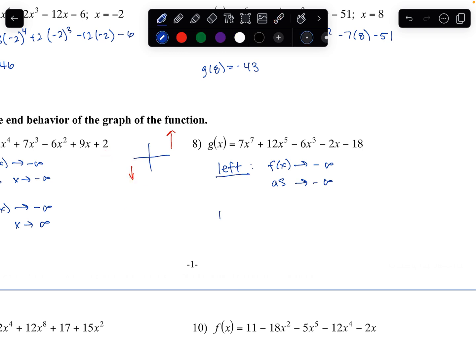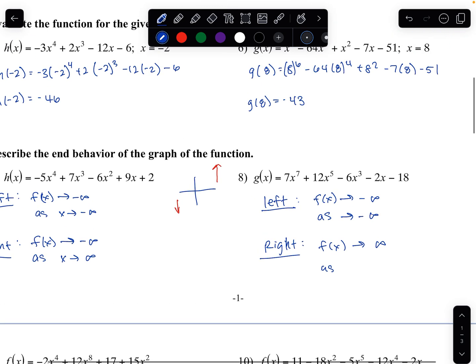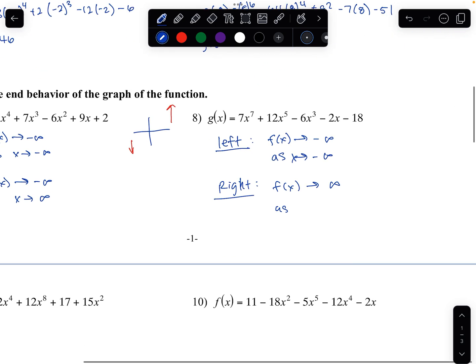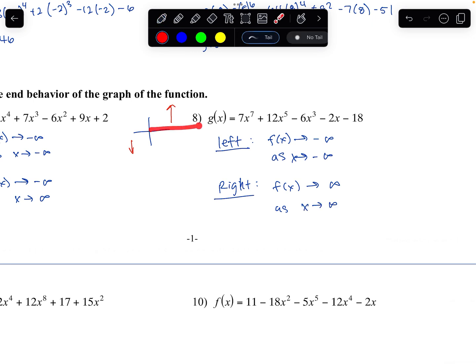On the right side, f of x is approaching positive infinity, as x, whoops, I forgot to put my x right there, as x is approaching positive infinity. So on the right side, y is approaching positive infinity.